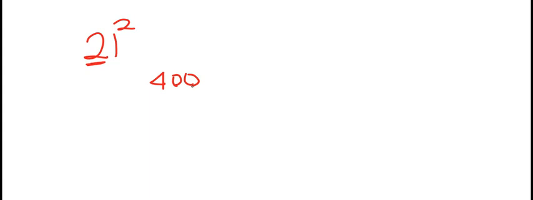So that will be one part of my answer. I have that in mind. Then the digit over here is 20. So I'll add 20 to the original 21, which will give me 41. Then I'll add 41 to the 400, and I can do that mentally to give me 441. And so 21 squared is 441.